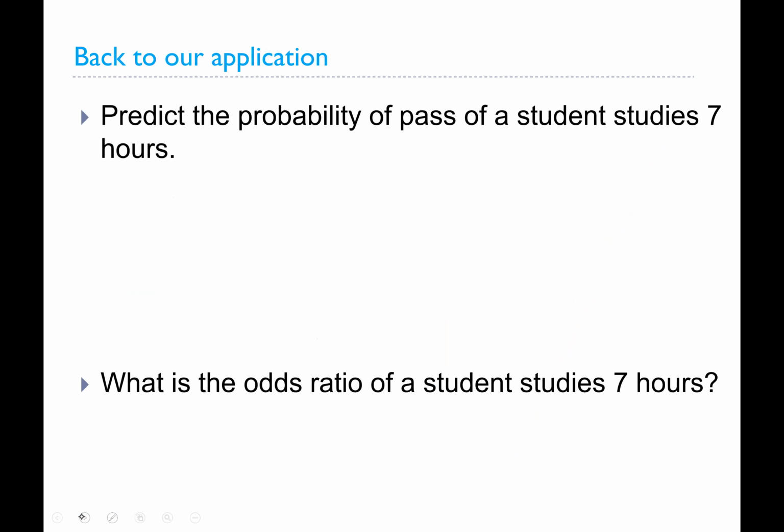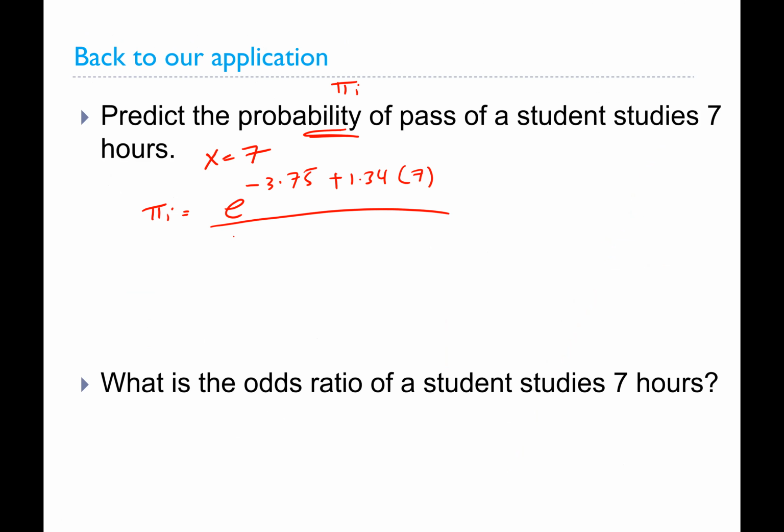So, for example, if I ask it to predict the probability of passing the exam for a student who studies 7 hours, so x equals 7. If I would like to get the probability, pi i equals e to the power negative 3.75 plus 1.34, using only 2 decimals, times 7, divided by 1 plus e to the power negative 3.75 plus 1.34 times 7.